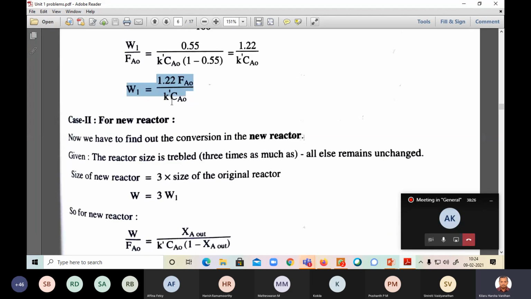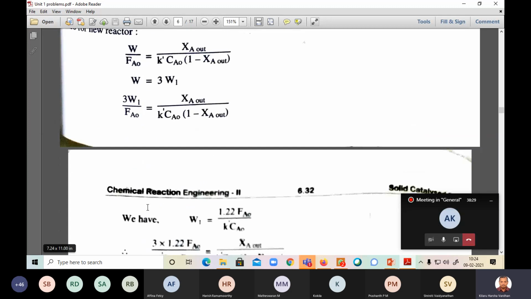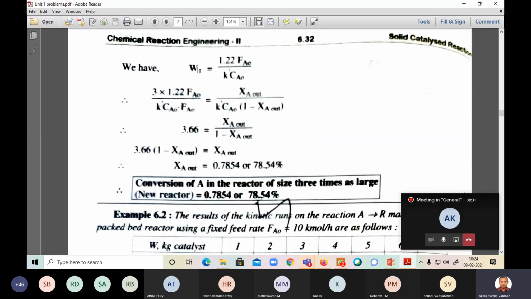You substitute W1 there, do some calculations, and K dash CA naught and FA naught get cancelled out. You are left with 3.66 is equal to XA out by 1 minus XA.